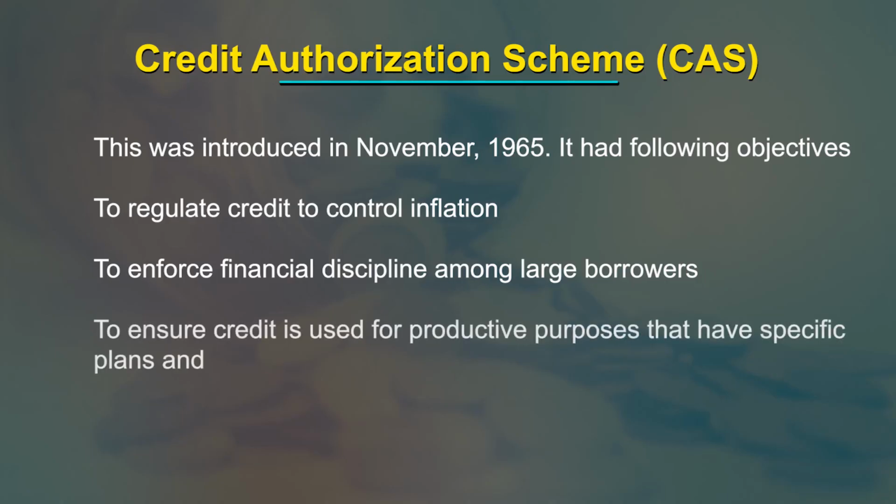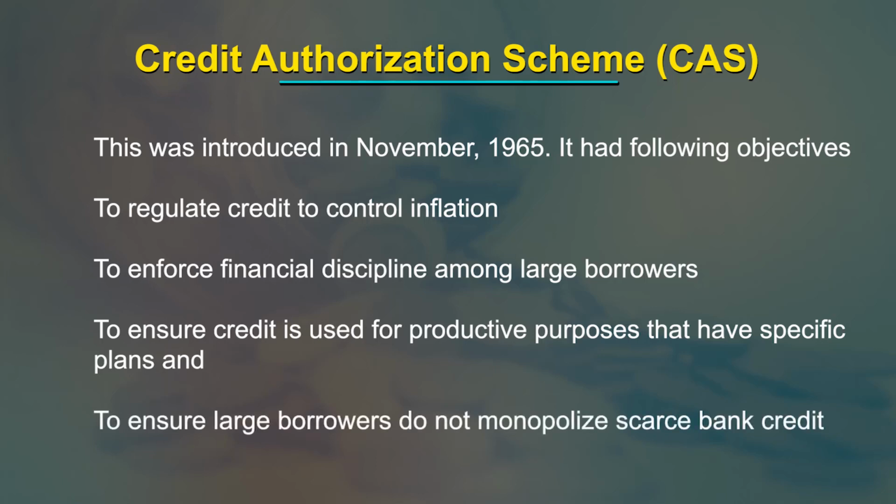It is used to ensure credit is used for productive purposes that have specific plans for the development motive of the government. Essentially, it also monitors how the development plans of an economy or the budget forecasting of the economy are going to be achieved, and that gets some kind of support from the Reserve Bank of India.